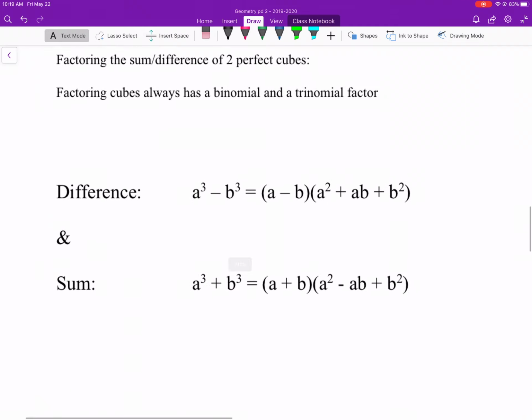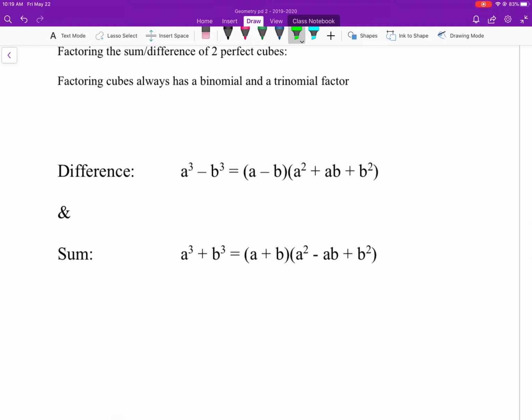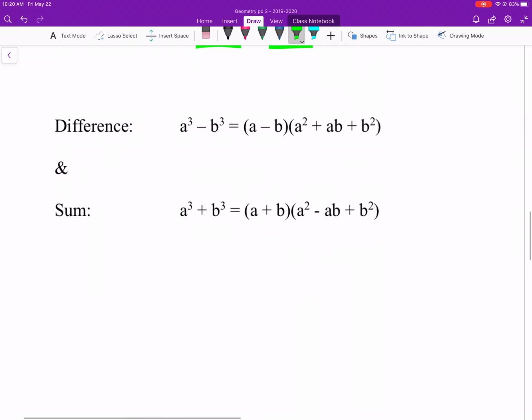Remember, when you factor them, the two factors, one of the factors will be a binomial, and one of the factors will be a trinomial. Okay, so it's sort of like a formula. We're really plugging in. These are formulas, or they're not technically formulas, but we kind of treat them that way because we're figuring something out. We're plugging it in, plug it in, plug it in.